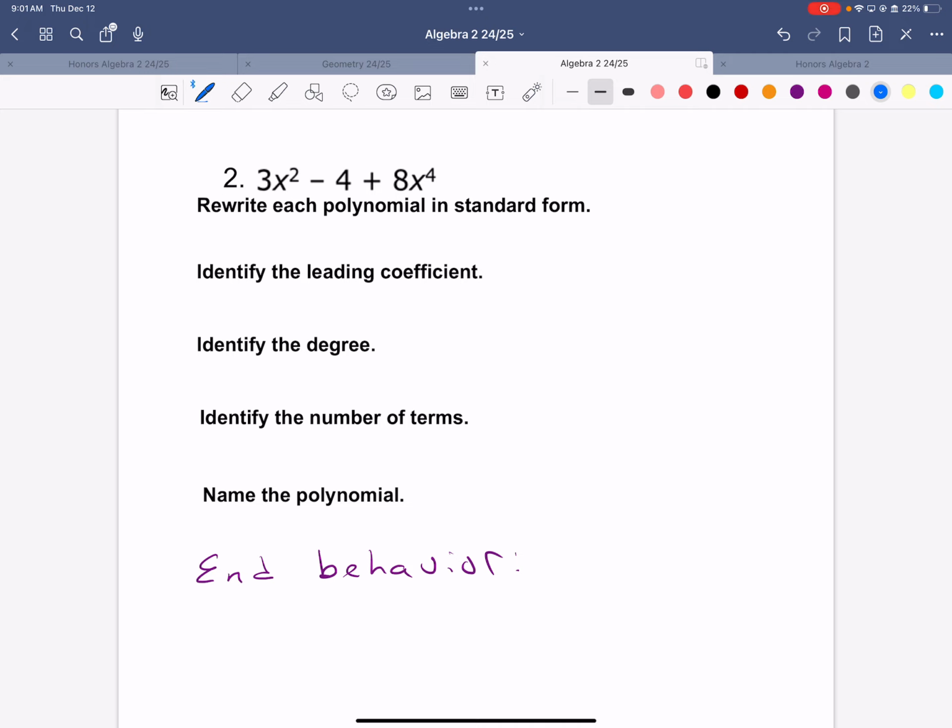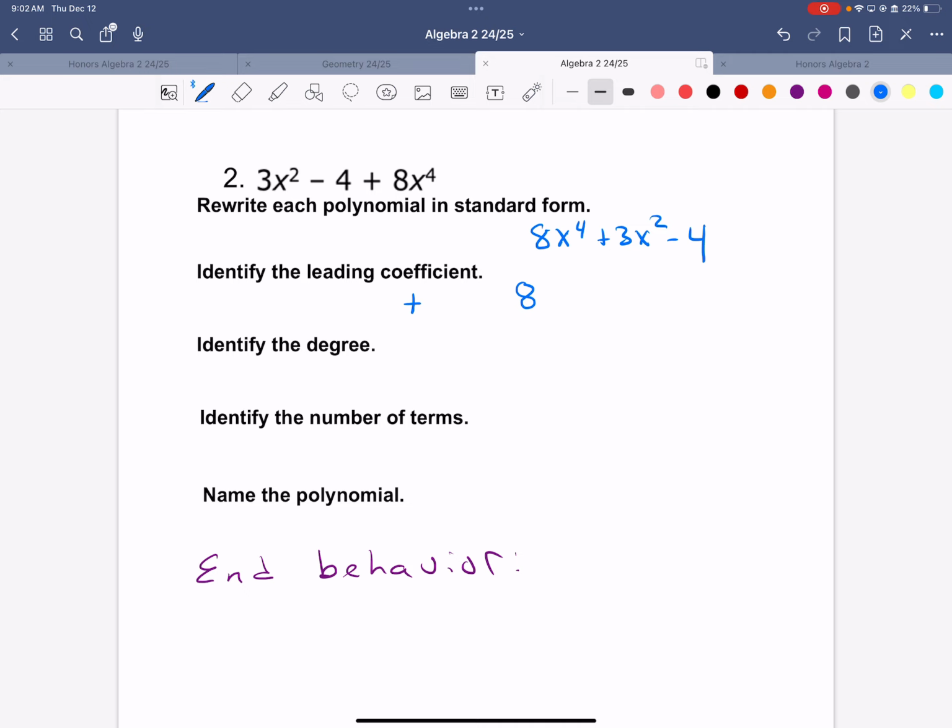All right, so the rewrite: 8x to the 4th plus 3x squared minus 4. Is everybody okay with that? Identify the leading coefficient. Our leading coefficient is 8. 8 is a positive number, so I'm just going to put a positive there too, because for the end behaviors I don't care what my leading coefficient is, I only care if it's positive or negative.